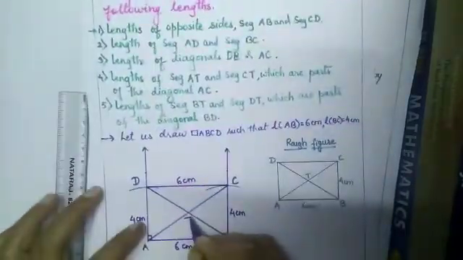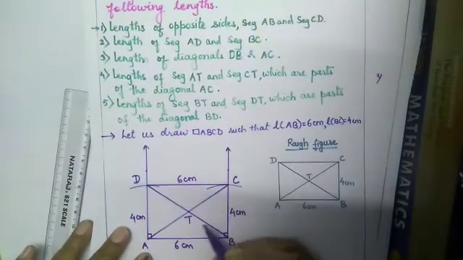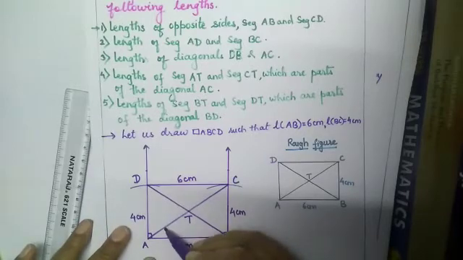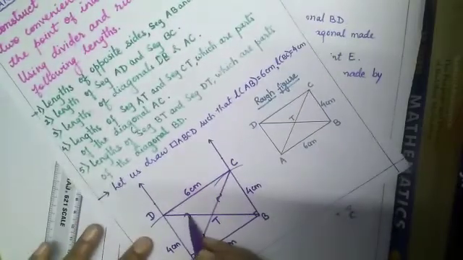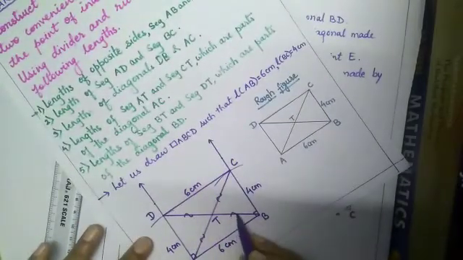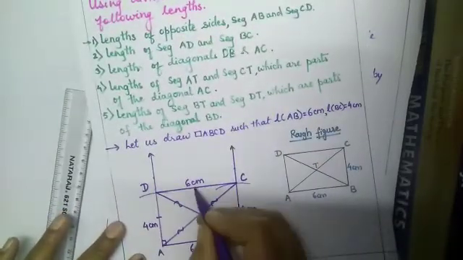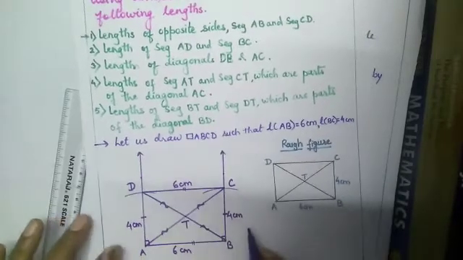The point of intersection we will name T. Now, as we know, these diagonals are equal. This means the parts AT is also equal to CT and DT is also equal to BT, because both the diagonals are equal. These two sides BC and AD are equal, and the opposite sides AB and CD are also equal.